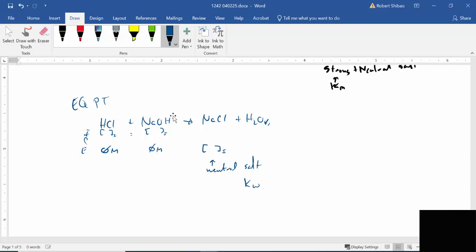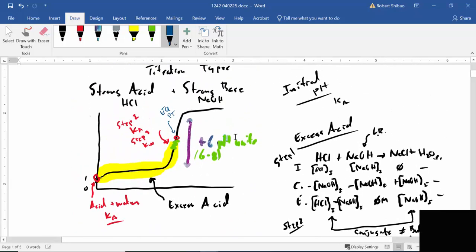If all there is is Kw only, then pH is 7.00. So when we have a strong acid and a strong base, the equivalence point comes out at a pH of 7.00. And we know we've neutralized all our acid when we hit pH 7.